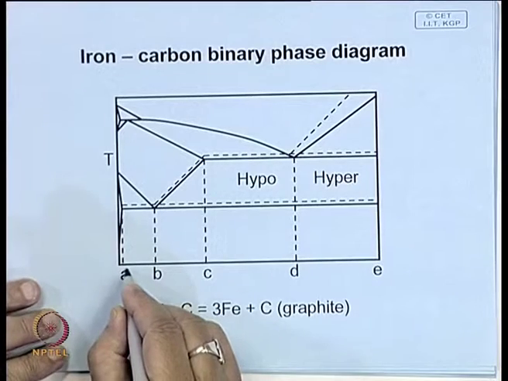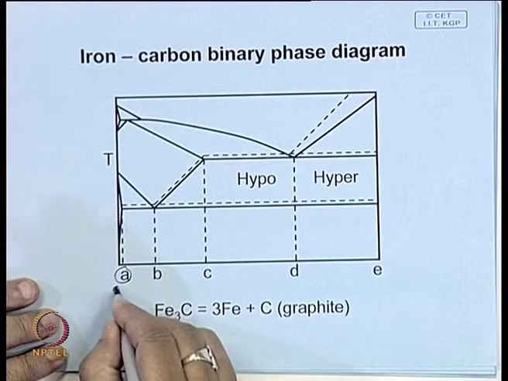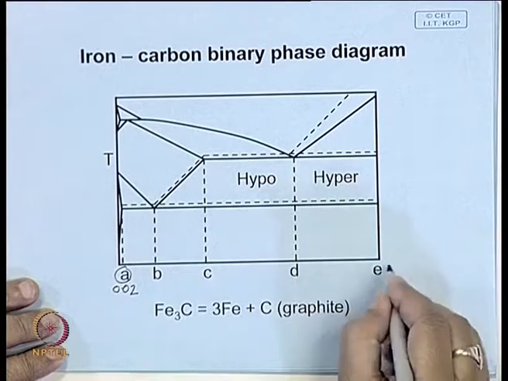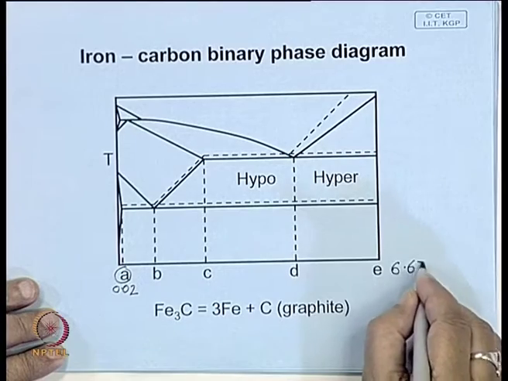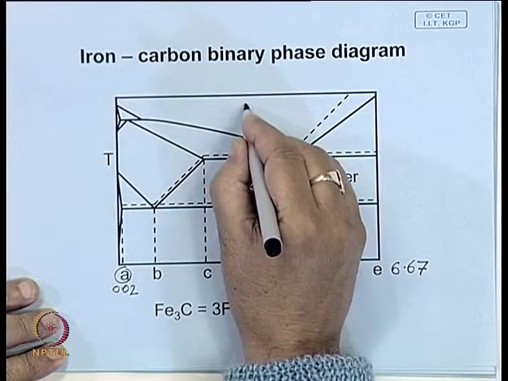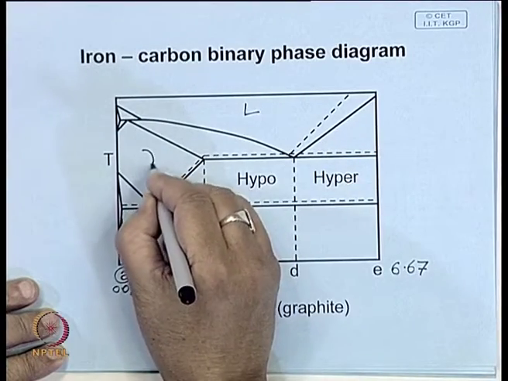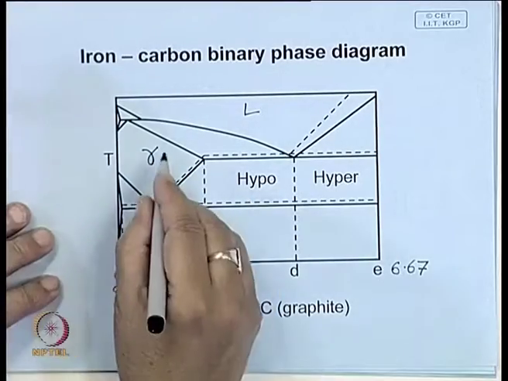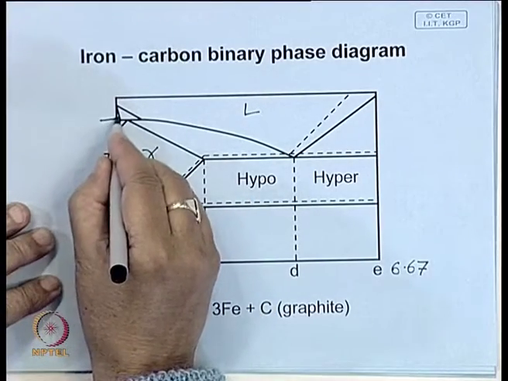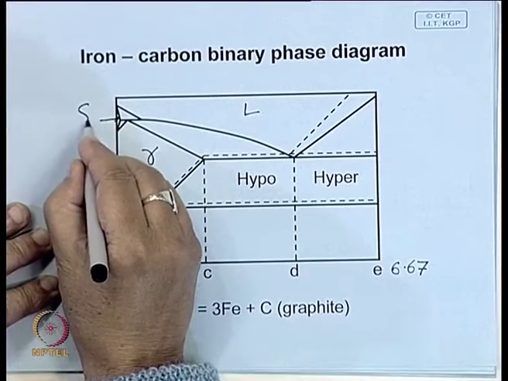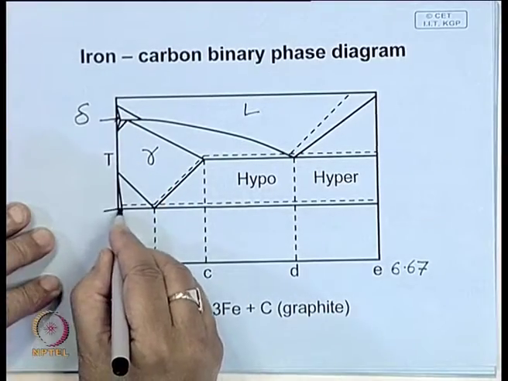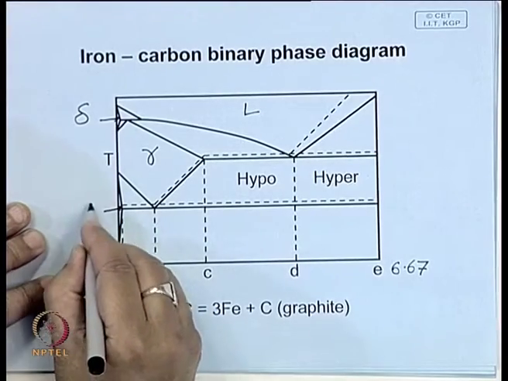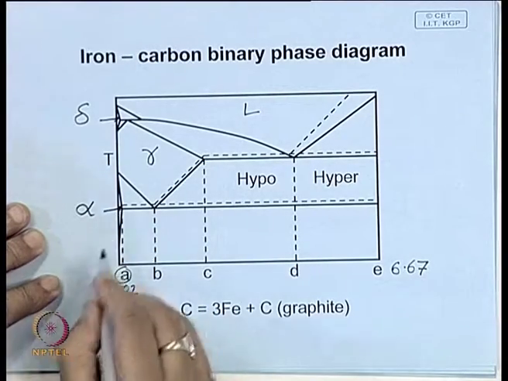Like here this is point 0.2, this part is cementite where carbon is 6.67, this portion is liquid, this is where you have austenite, and this is where you have delta ferrite. This is the terminal solid solution region, alpha.